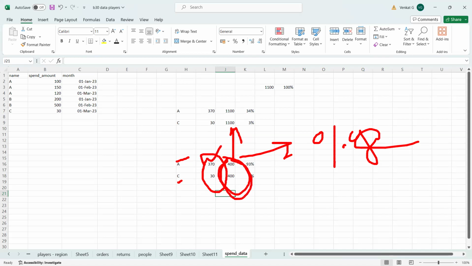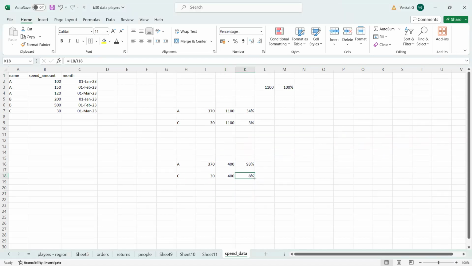Tableau does the total of all the amounts which it is seeing in the sheet only. In the sheet it is seeing only A and C, so the total amount is now 370 plus 30, which is 400 here. Because of that, the percentage is changing to 93% and 8%.